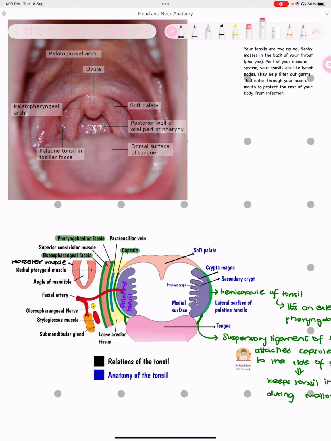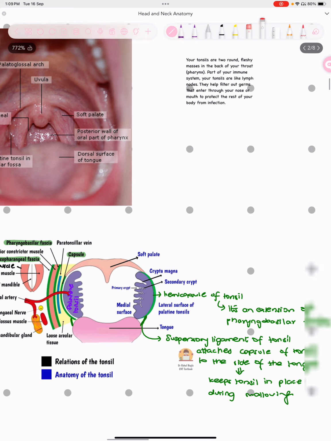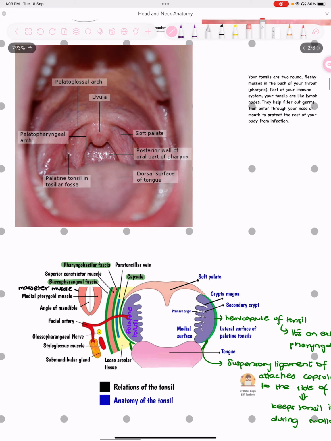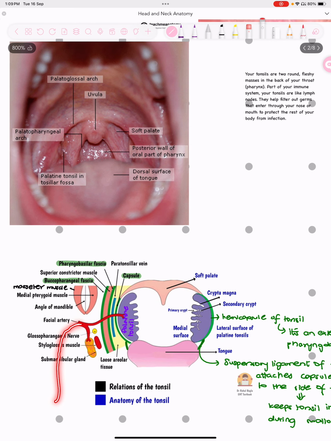You have ascending pharyngeal branch of the external carotid artery. This external carotid artery has a facial artery, but it also has an ascending pharyngeal artery branch. So that ascending pharyngeal branch also provides blood to your tonsil, right? And then you have greater palatine branch of the maxillary artery.